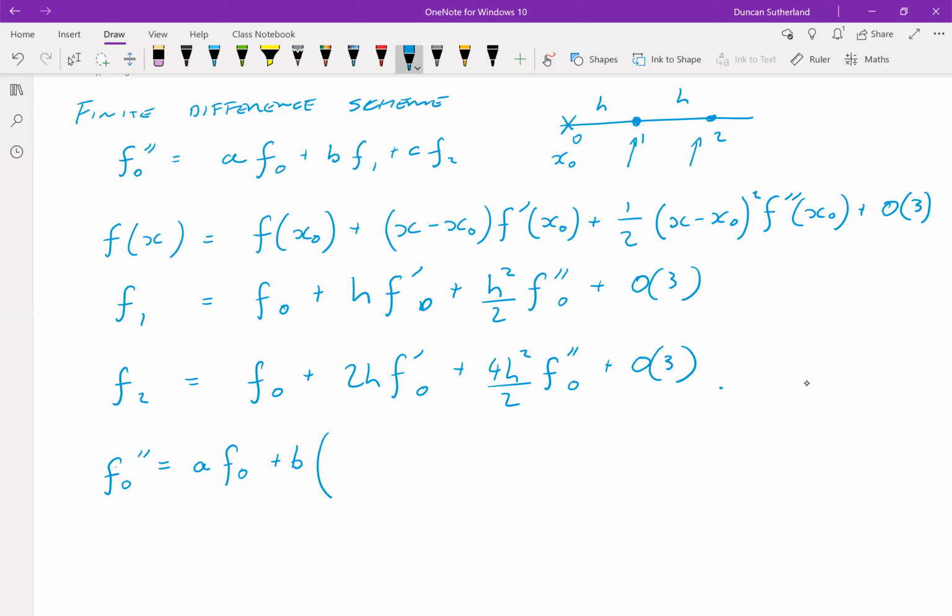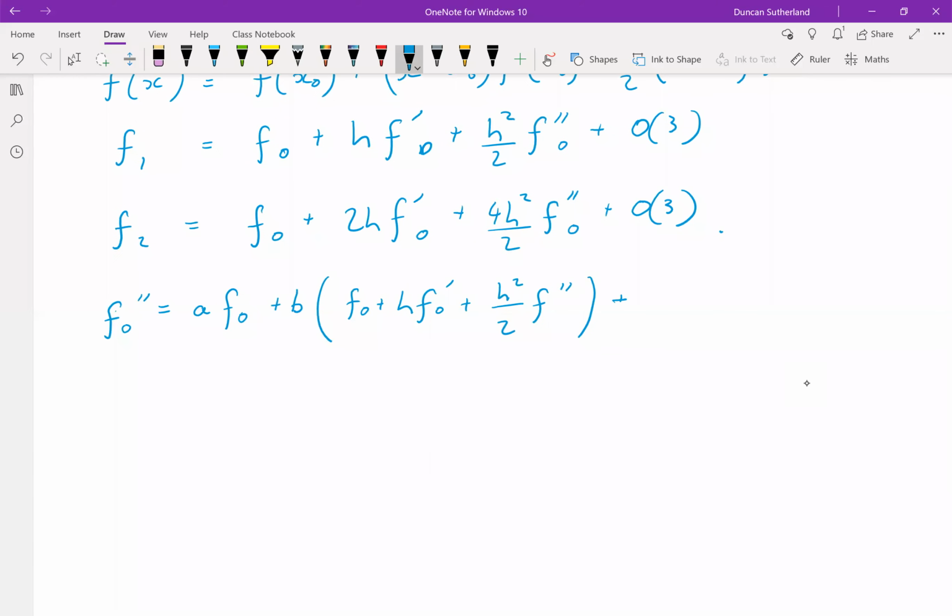So f1 is this now. I'm going to drop the third order terms. We know that they're there, but that's what we're going to neglect. Okay.